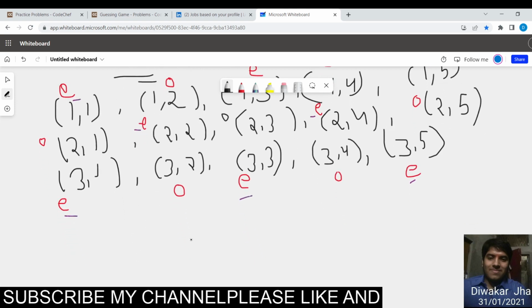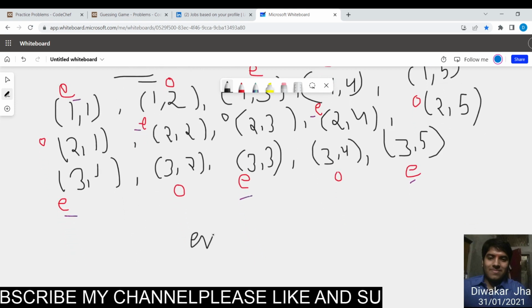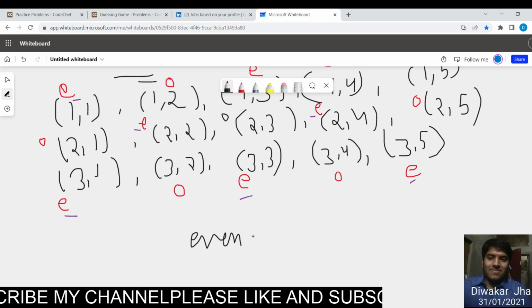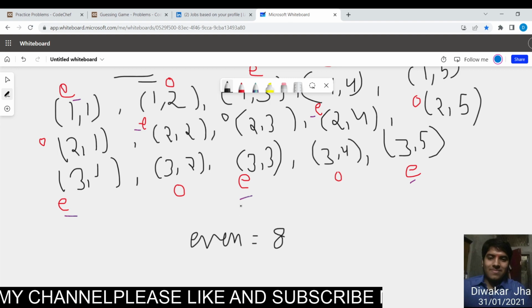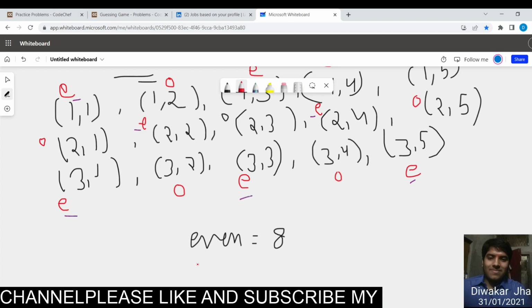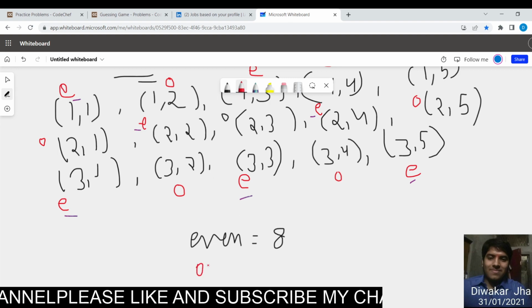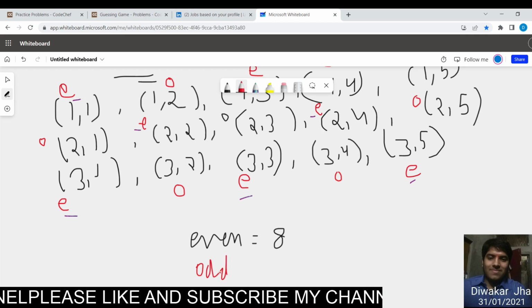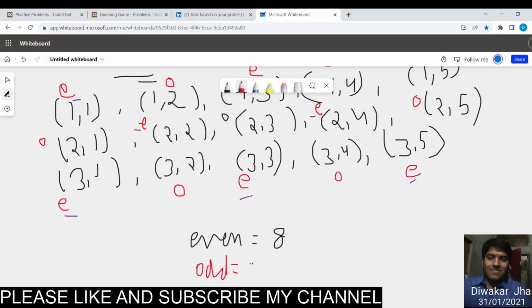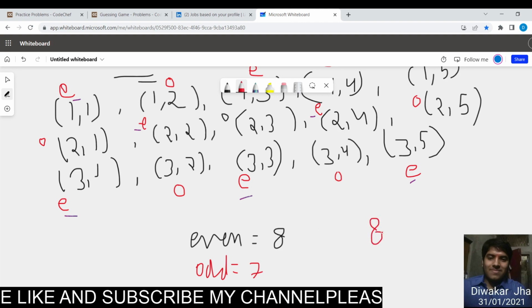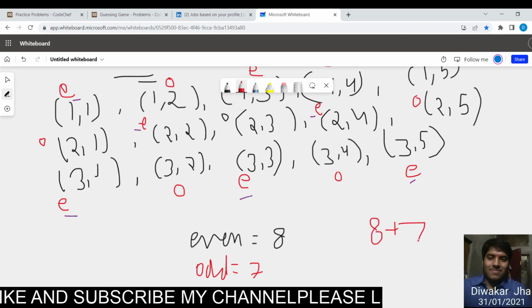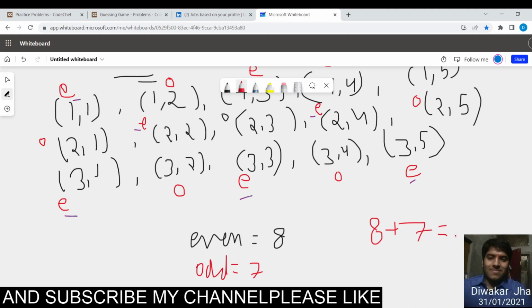So the number of even pairs is equal to 8, and the number of odd pairs is equal to 7, because 8 plus 7 is equal to 15.